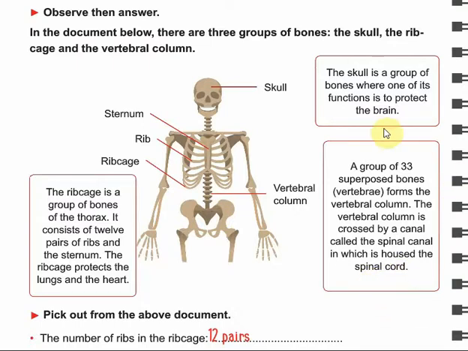Okay? So we can say that the function of the skull is to protect the brain, the rib cage protects the heart and the lungs, and the vertebral column protects the spinal cord.